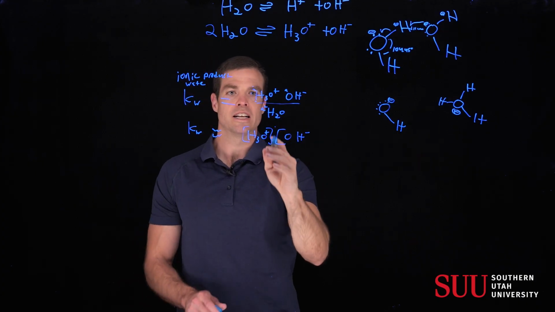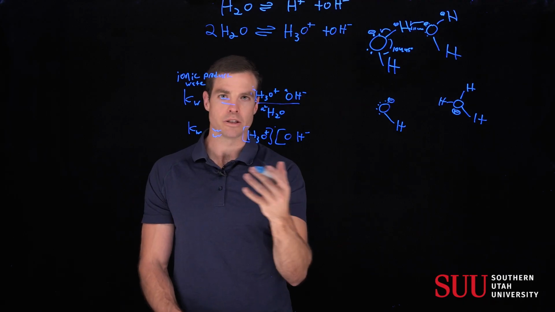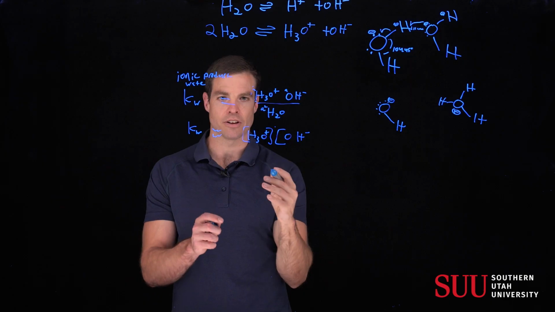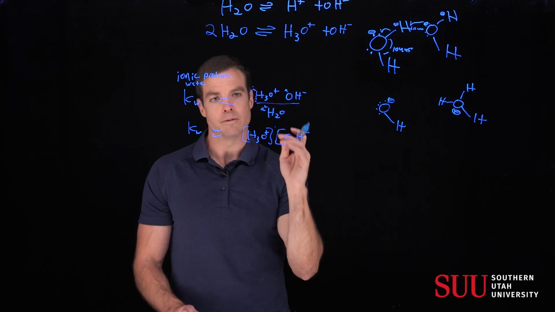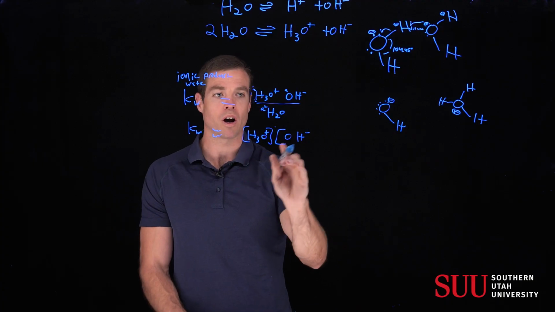The water is not included because when it comes to reaction equilibria, you don't include liquids or gases in their state. Actually, you can include gas, it depends on the situation, but we don't include the water.